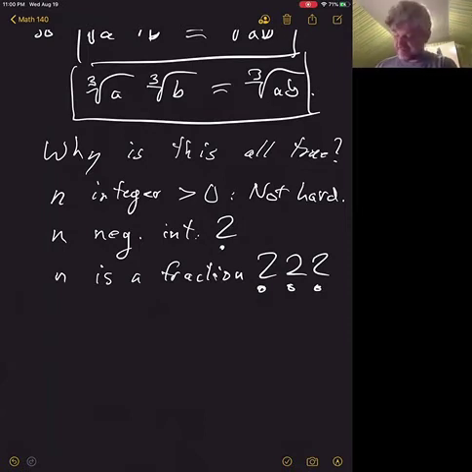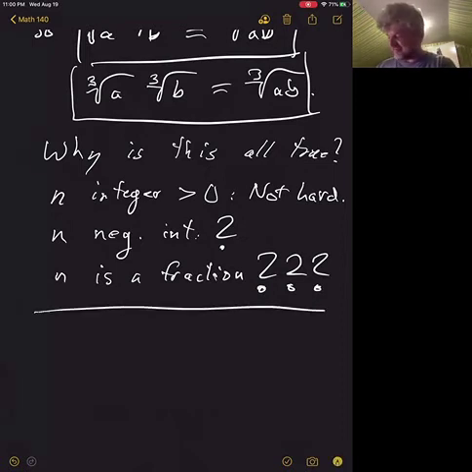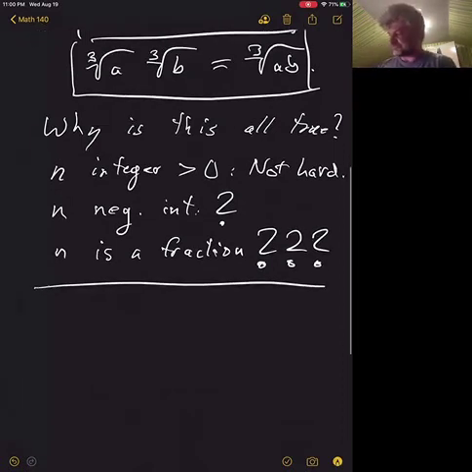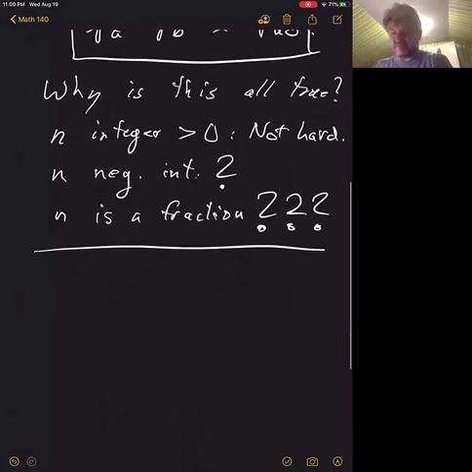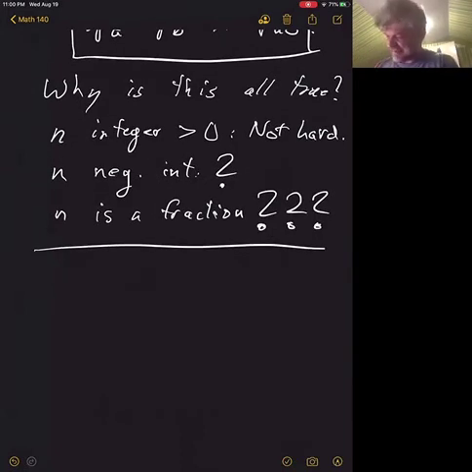For example, the first and second item here. If you want to try your hand at this with paper and pencil, it's a good exercise. But we will do these examples. And we will do a couple examples here.